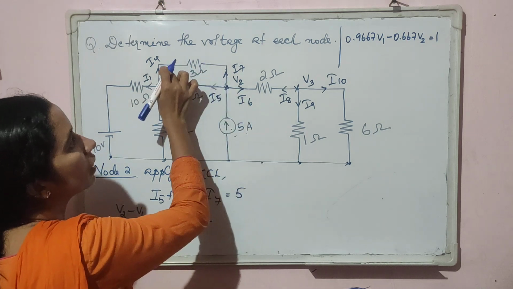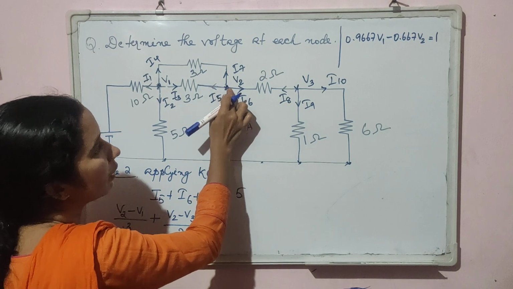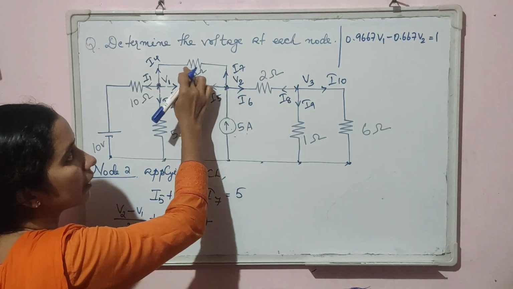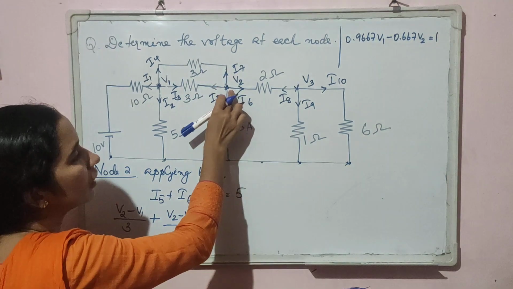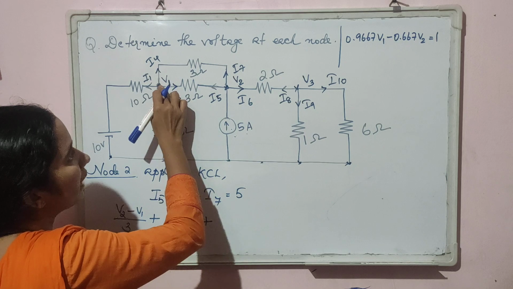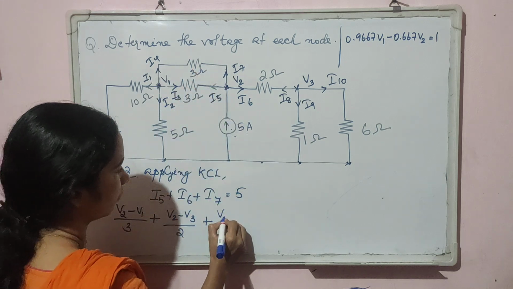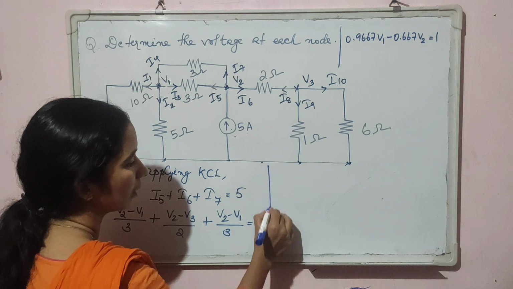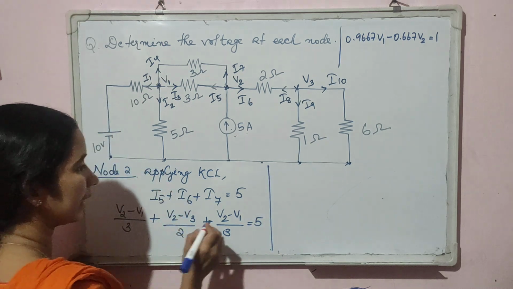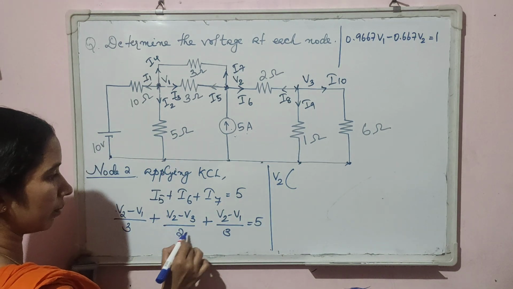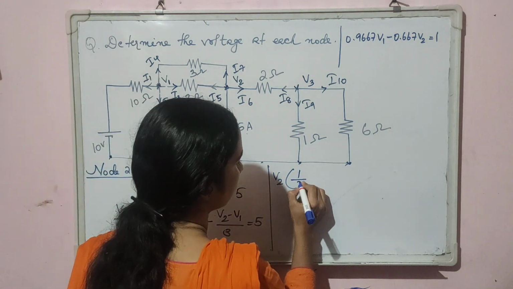I7 is the current through this branch, which is again V2 minus V1 divided by 3, because this 3 ohm resistor is connected between node 2 and node 1. So I7 is V2 minus V1 by 3, which is equal to 5. Now let us simplify. Taking V2 common outside, V2 into 1 by 3 plus 1 by 2 plus 1 by 3.